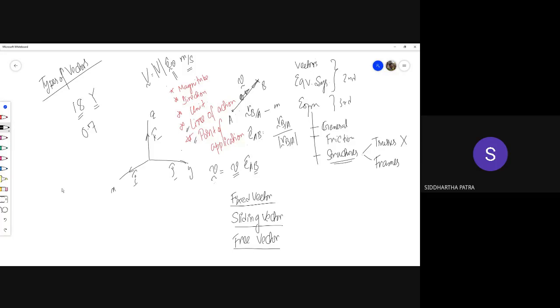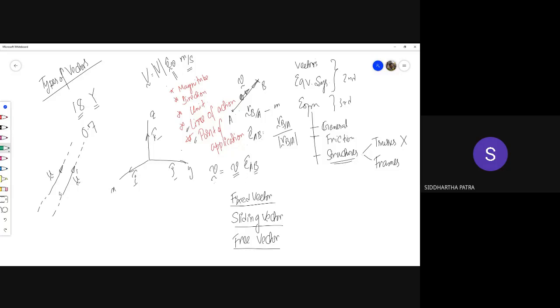Please try to understand what I'm saying here. You see this vector u and this vector u prime over here have the same magnitude and the same direction, but the two of them are not the same vectors. Their lines of action are parallel to one another, but not the same line. They're acting along different lines.